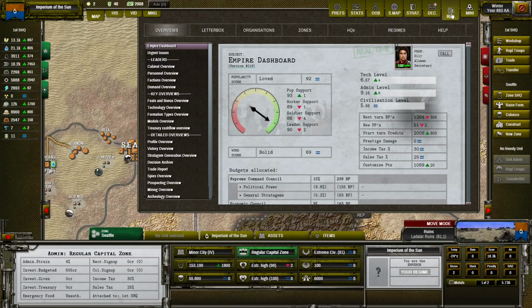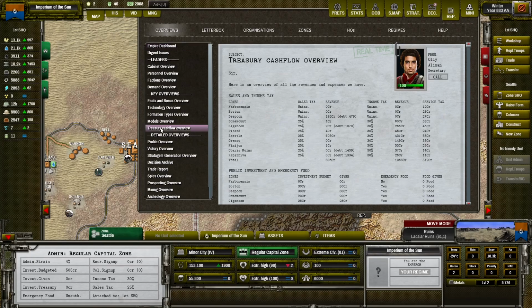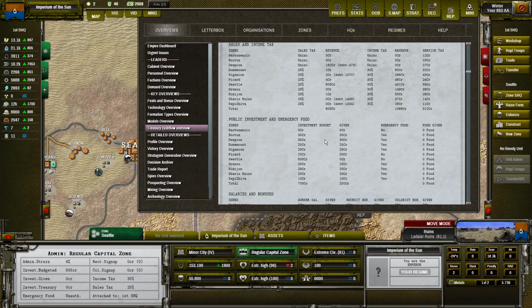We can check it in the report, treasury cash flow overview. Here we can see all of our zones, and the second section is how many credits we budget to support the zone economy. The amount given is usually equal, but not always.